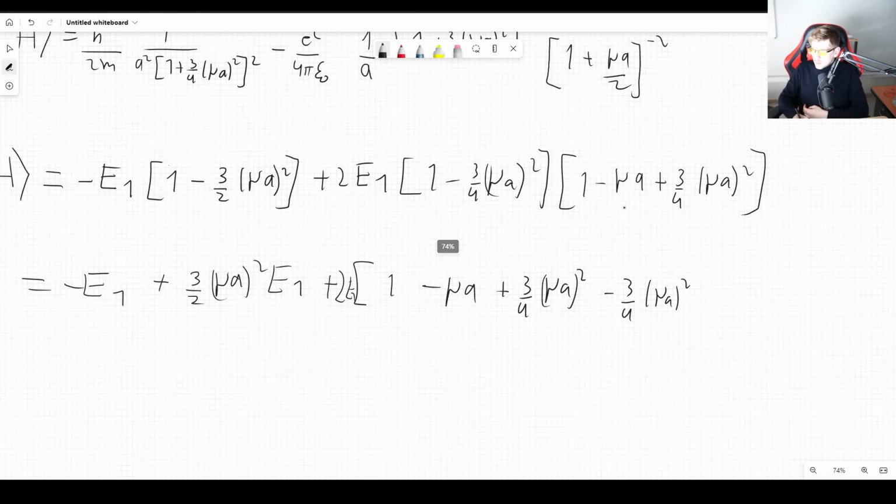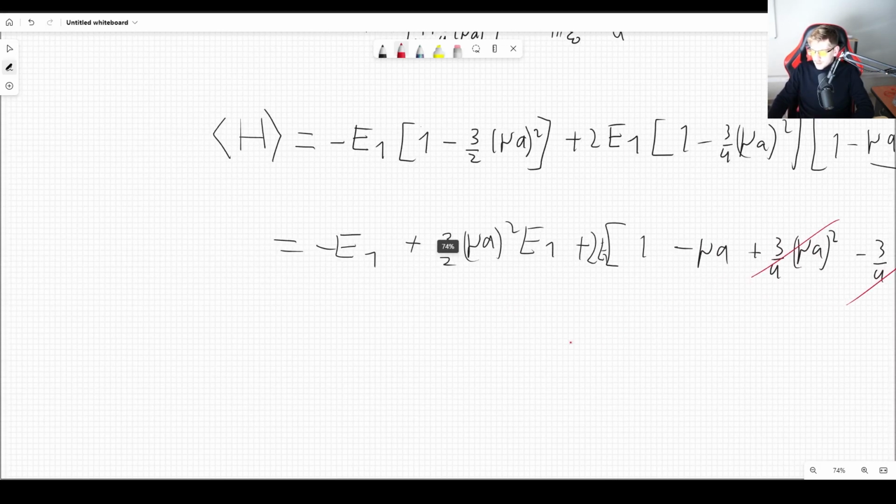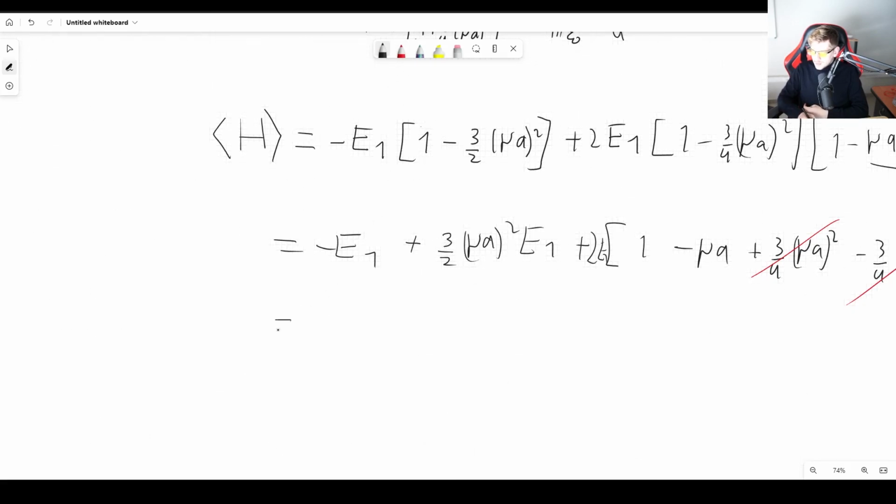And now the other two products don't make any difference, so these two cancel out, this with this. So now what we are left with is going to be 2 E1 minus E1, so just E1. And then we have minus 2 mu a E1 plus 3 over 2 mu a squared E1.